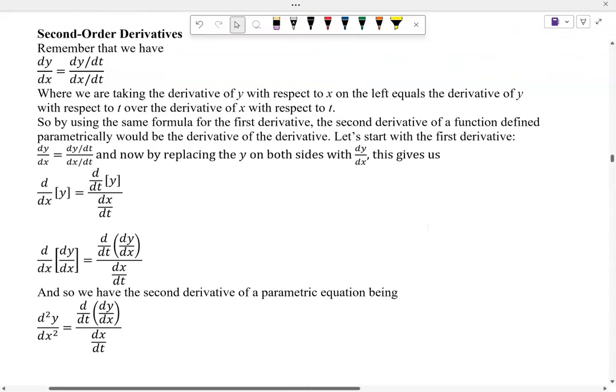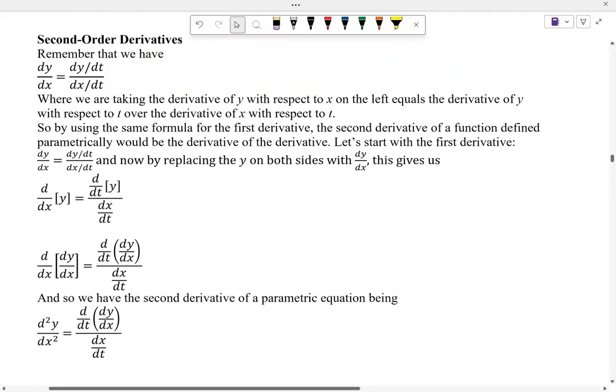Well, the second derivative, if you remember, dy/dx is the derivative of y with respect to x on the left, the derivative of y with respect to t over the derivative of x with respect to t, right?